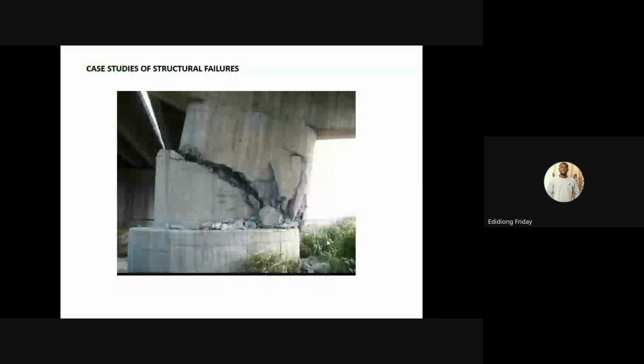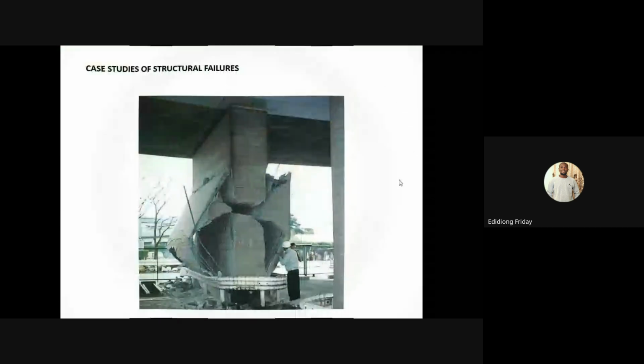Okay, so we have this as the second case study. I think we have about 5 case studies, so maybe find a way to reduce the amount of time you use to speak. So this is the second case study.